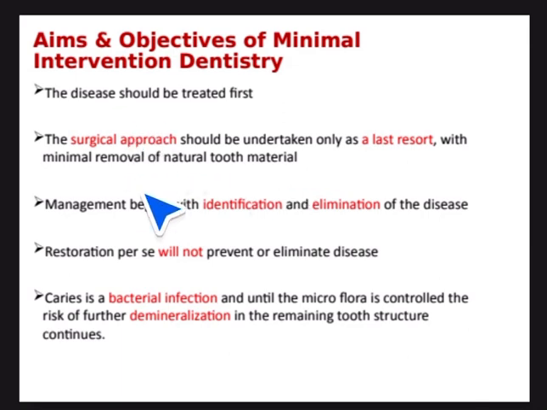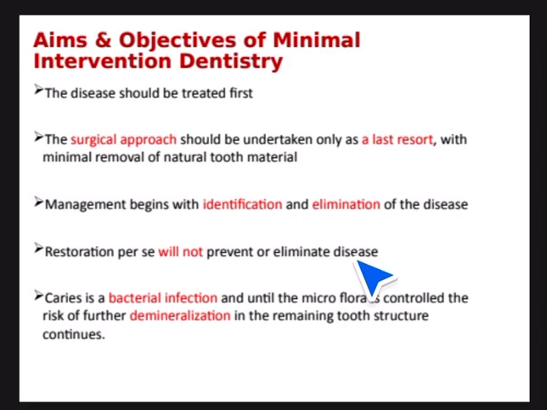And as I said here, management begins with identification and elimination of disease. What does that mean? That means restoration will not prevent or eliminate disease. So what happens? You get a patient who has caries in a tooth, and you're a good dentist. You restore the tooth, you do a good filling, and send the patient home.